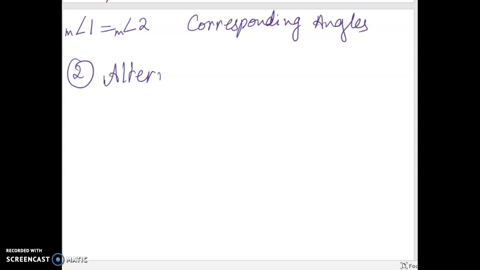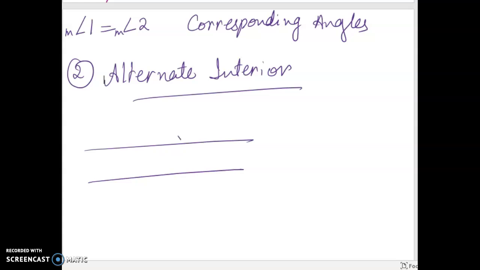Now, the second type of angles are called alternate interior angles. Alternate interior. Have two lines, and if it is given that they are parallel, cut by a transversal, then alternate interior angles need to be interior.